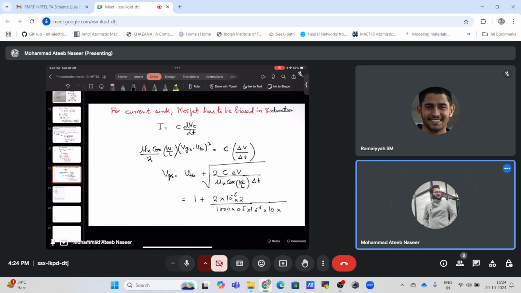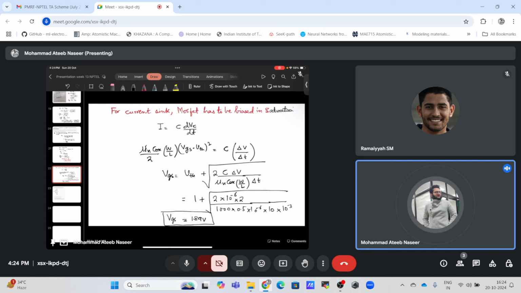Delta T is 1 millisecond. Let me calculate the value for this. It is simply 1.89. So VGS is equal to 1.89.